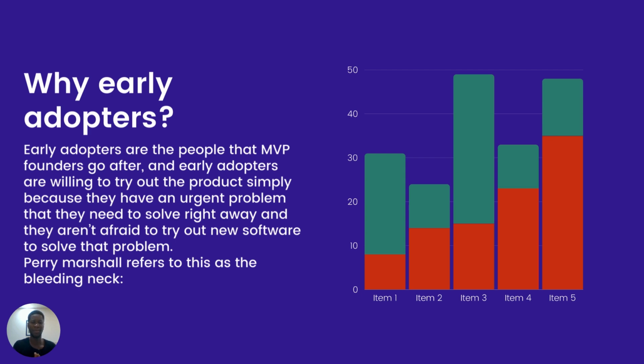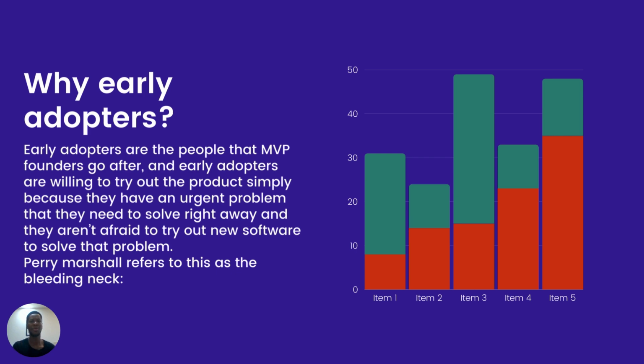But it's really given the fact that an early adopter is someone who is willing to try out the product simply because they have an urgent problem and they need to solve that problem right away, and they can afford to try out new software. They are not afraid to try out new software because they believe that anything that can solve that problem, they're going to give it a try.